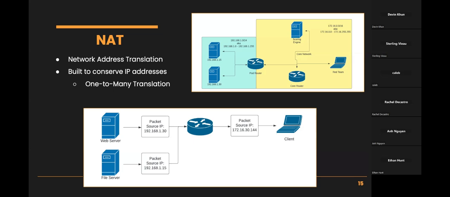When it leaves to the public internet, it will translate the source IPs of all your local devices to a single public IP, or WAN IP, or wide area network IP address. So to the public internet, all the traffic coming from these devices, .30, .15, whatever they are, will look like traffic from 172.16.30.144, because everything is getting translated and converted to one IP address when connecting to whatever else is trying to access your network.